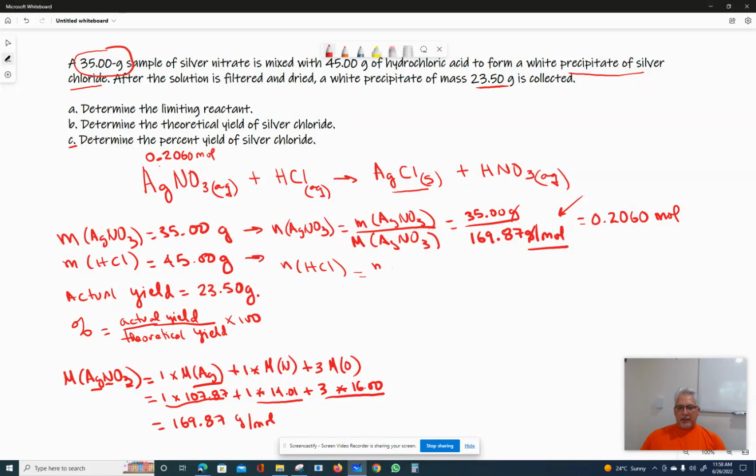And then I have to do the same thing with the hydrochloric acid. I will divide the mass of hydrochloric acid over the molar mass of hydrochloric acid. The mass given in the problem is 45.00 gram.